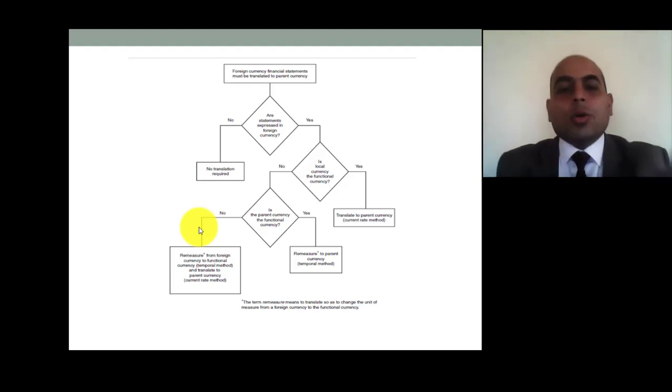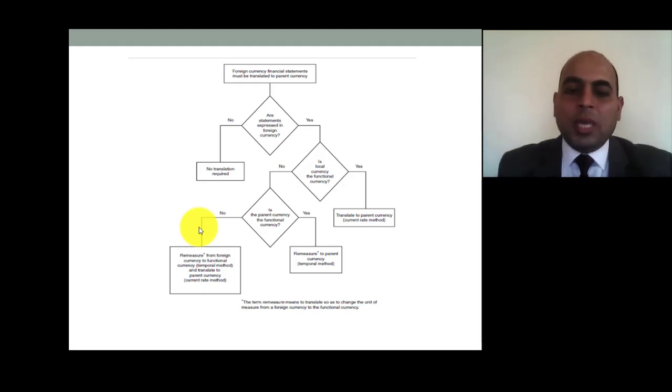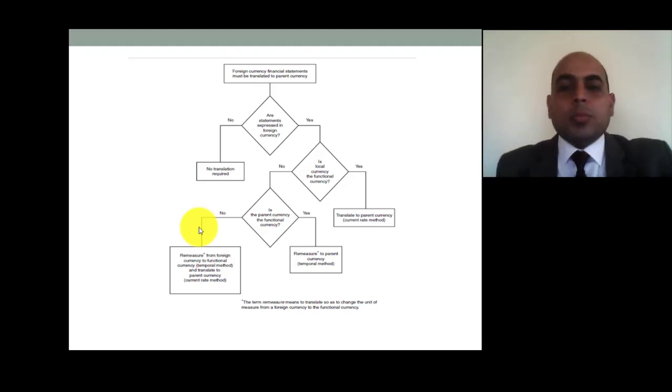These are the circumstances for using the translation methods: the functional currency or current rate method, and the remeasurement method, which means the temporal method. I hope it's clear. Let us move to the coming video to see how we will apply these methods with a numerical example. See you there.